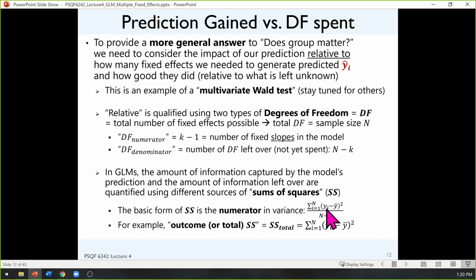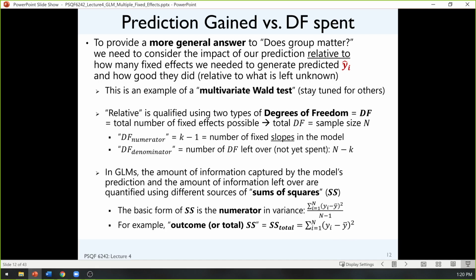But this quantity, y sub i for each person minus the mean, that's all of the variability, all of the information that there is. I'm using the term information because we're focusing on just the numerator part. We're not dividing by n minus 1 to turn it into a variance. So this is like all of the information that there is in this variable. And what we need to do is carve it up into 2 parts.